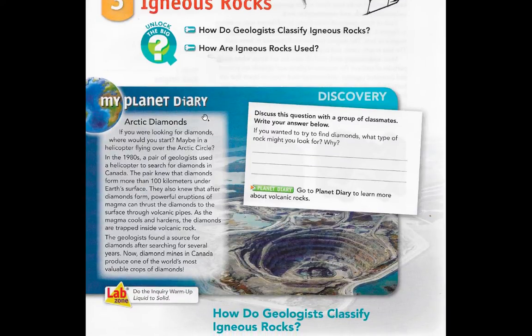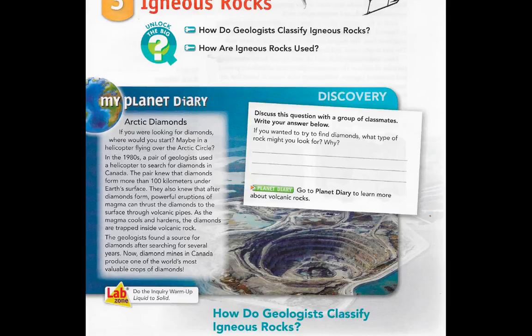It says, Arctic diamonds. If you're looking for diamonds, where would you start? Maybe in a helicopter flying over the Arctic Circle? In the 1980s, a pair of geologists used a helicopter to search for diamonds in Canada. The pair knew that diamonds form more than 100 kilometers under the Earth's surface.